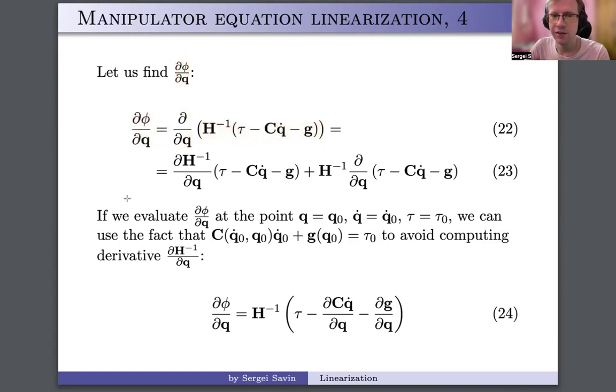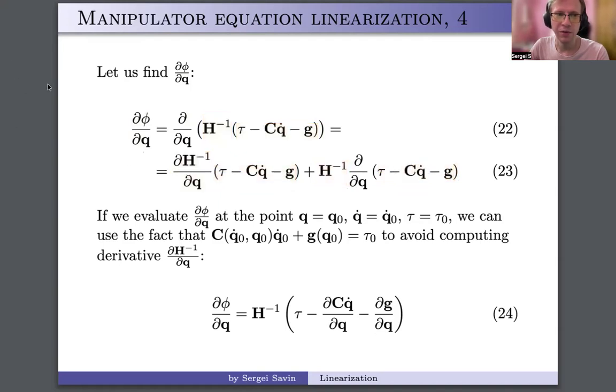This is a multiplication of two functions of q, this function and this function. Now, how do we take the derivative of a product? Well, the derivative is the first member of the product times the second one plus the first member of the product times the derivative of the second one, right?